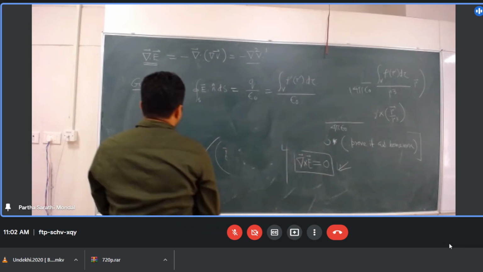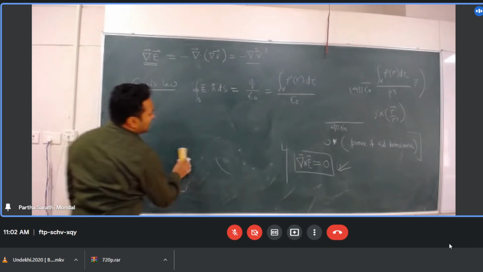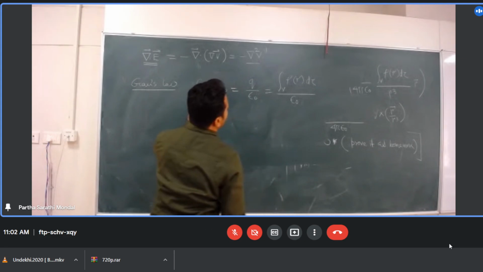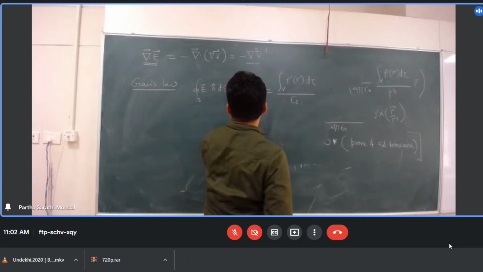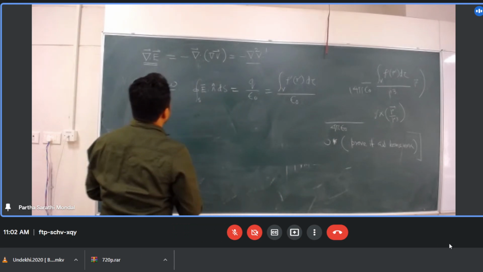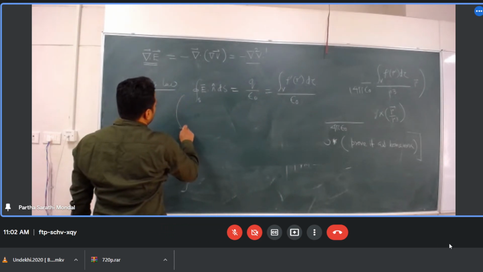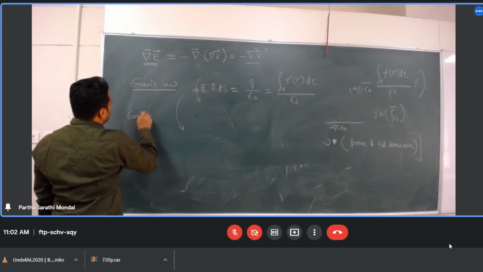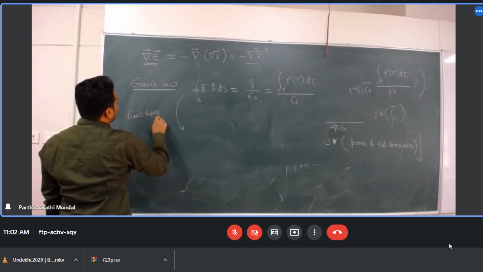Okay, so now by using Gauss's divergence theorem, you can convert. This is a surface integral here, and you have a volume integral here. So now we can change this one to a volume integral by using Gauss divergence theorem.